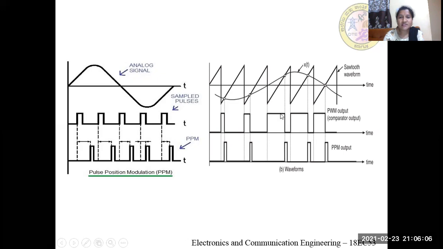As it reaches the maximum amplitude, the width is also more. Then it keeps on decreasing depending upon the amplitude of the message signal. In the end, you have the PPM, whose position depends upon the pulse width modulated output. The positions of the pulses change in the pulse position modulation output. Here, the width is not varying, only the positions are varied.